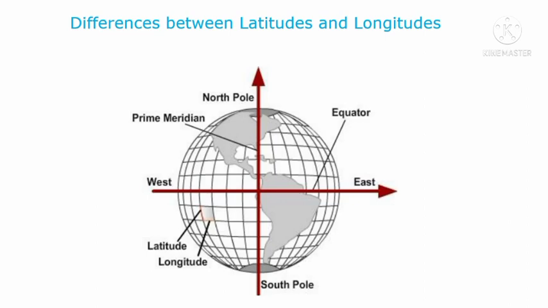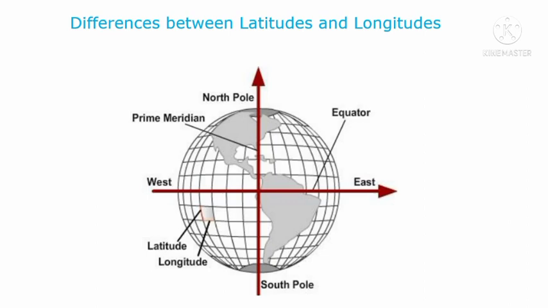The next is longitudes. Longitudes are semicircles. As we said, it will be only half one. These are also called as meridians. The longitudes are called as meridians. The latitudes are called as parallels. Meridians means the places on any longitude experience midday at a single point of time.